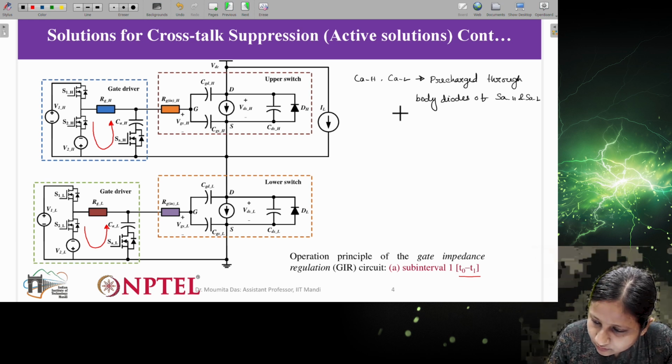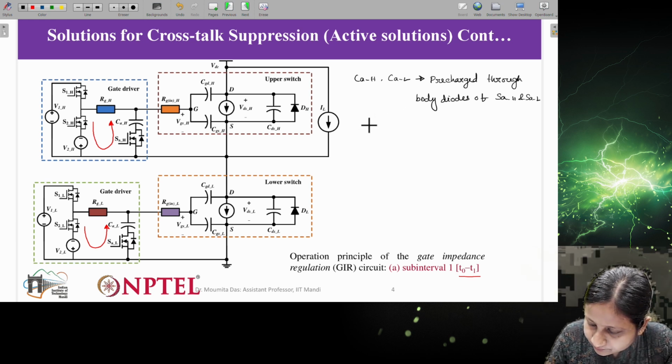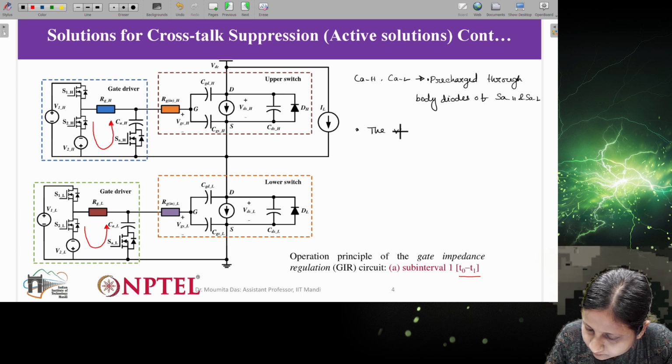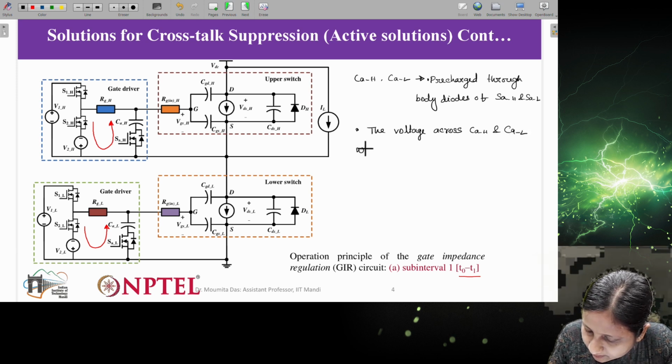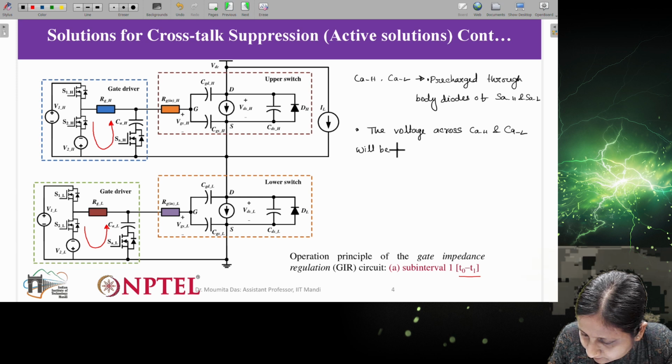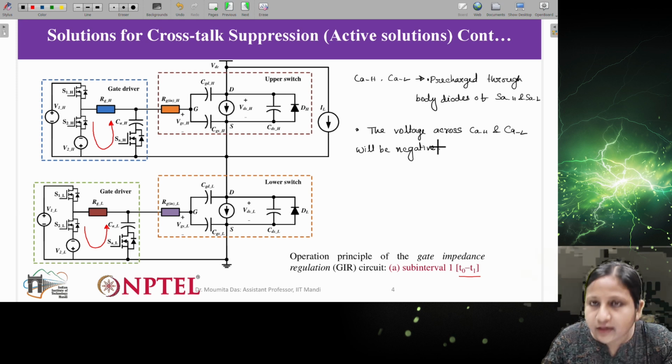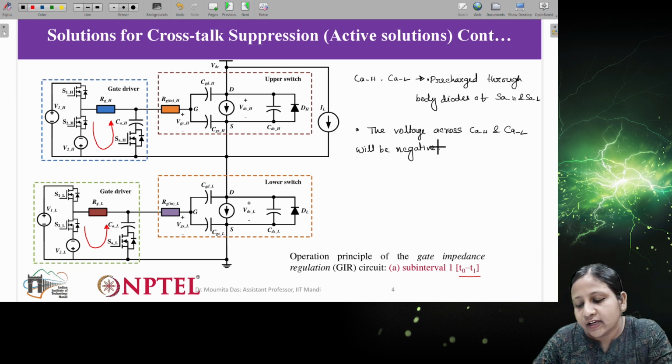Then you can also write down that the voltage across both capacitances CAH and CAL will be negative, and it will complete the pre-charging at the end of this particular subinterval.